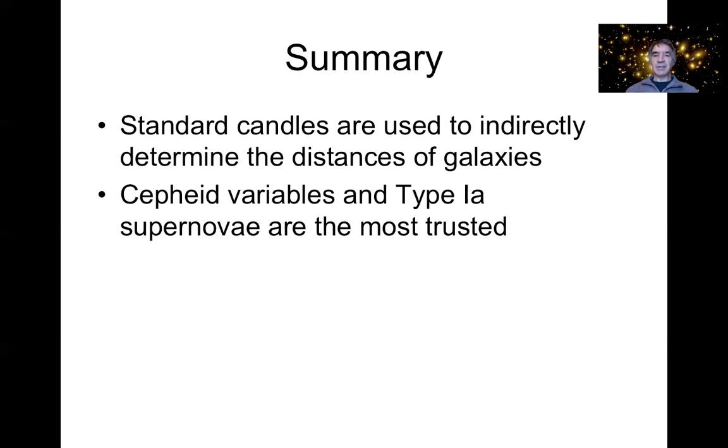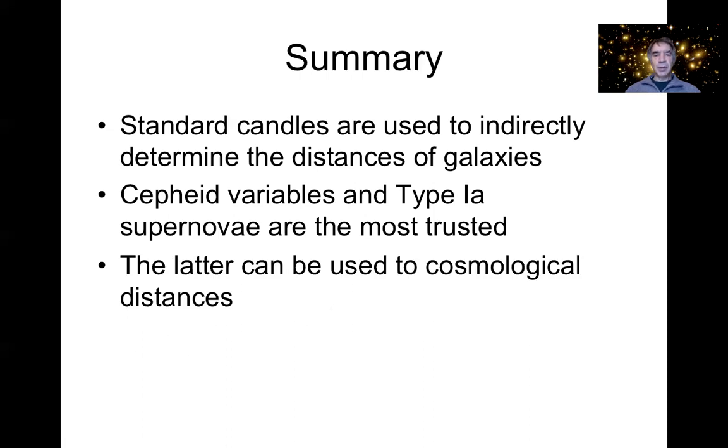Then for nearby galaxies, you can find galaxies that have both Cepheid variables in them and type 1A supernovae, so you can use the Cepheid variables to calibrate the type 1A supernovae. Once you've done that, you can use the type 1A supernovae to go as far as you can possibly see them. There are lots of other distance methods that you can read about, but in this module we will only worry about these two.